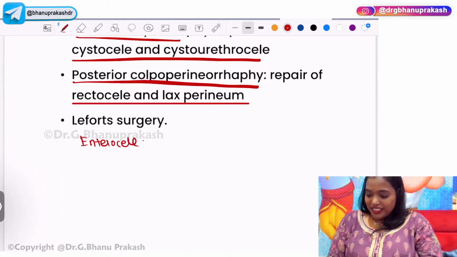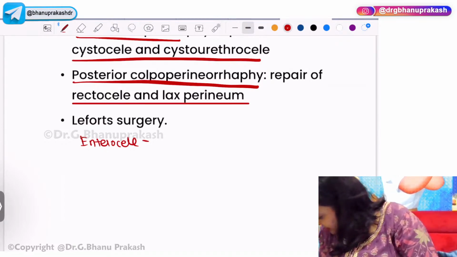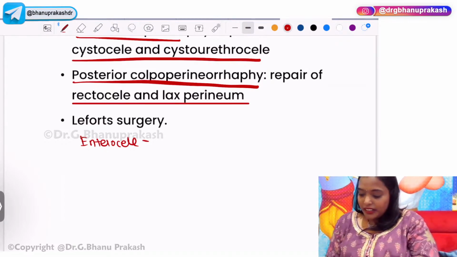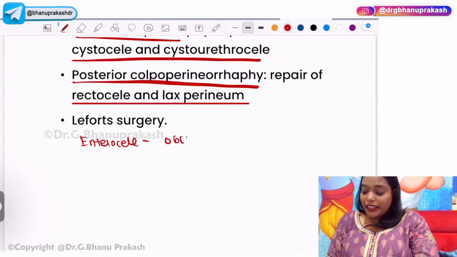What will you do for enterocele, guys? Yes. So we have to obliterate the pouch of Douglas.